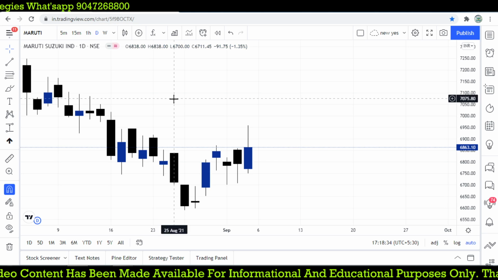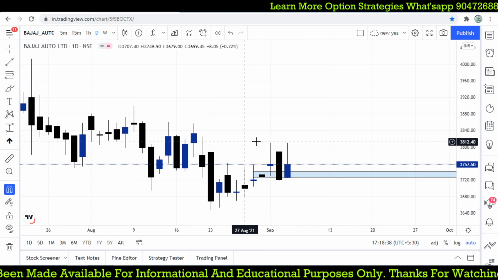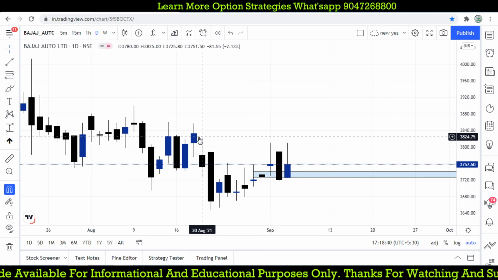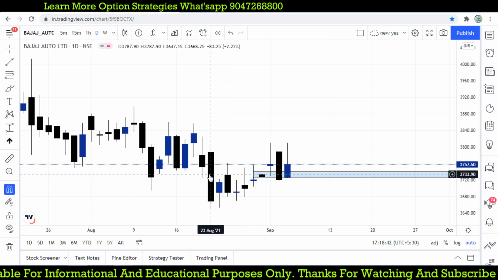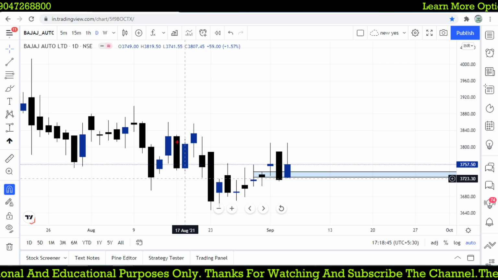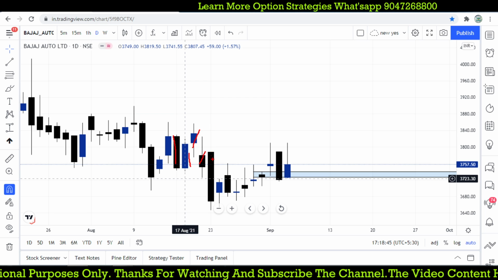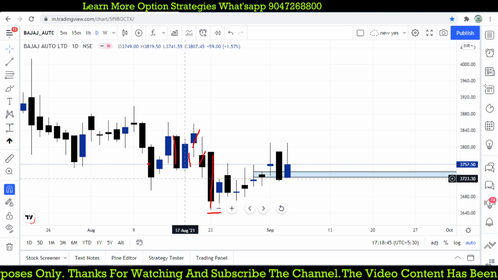Bajaj Auto, we will see clearly how it forms the candlestick pattern. Bajaj Auto on 23rd, this one I think. One big red candle at this point, then 1, 2, third candle inside, and the fourth one is a big down candle. So it doesn't offer an opportunity.